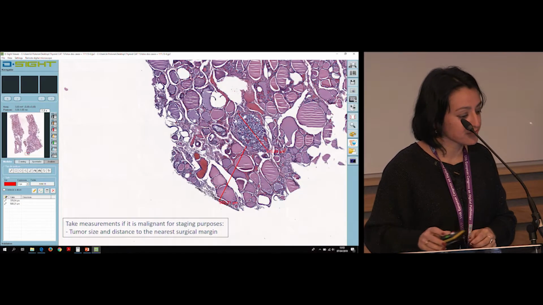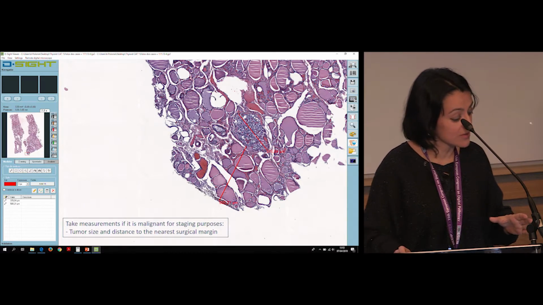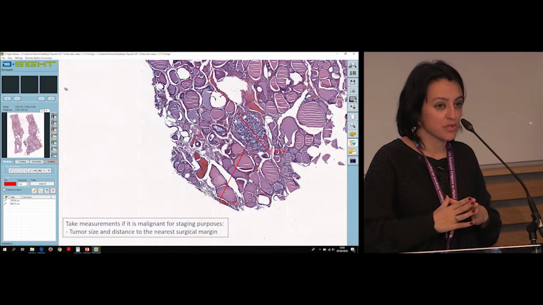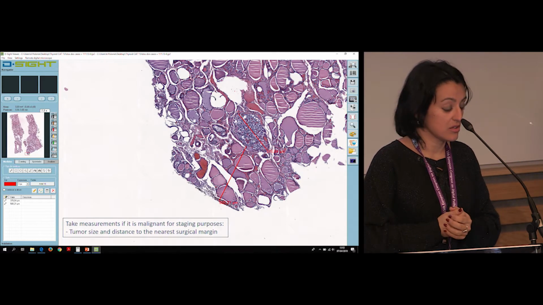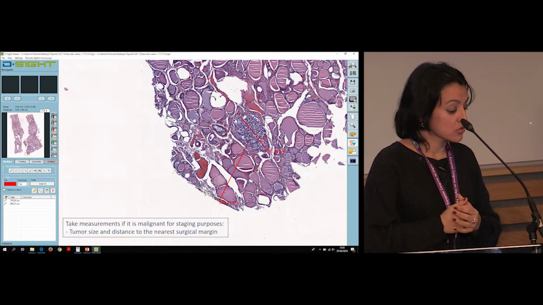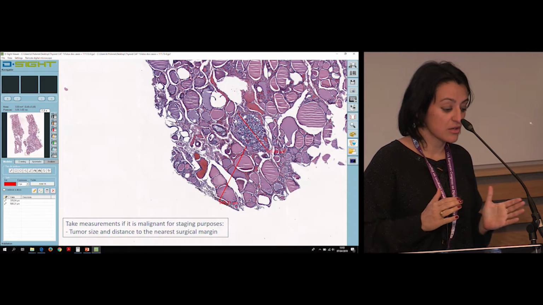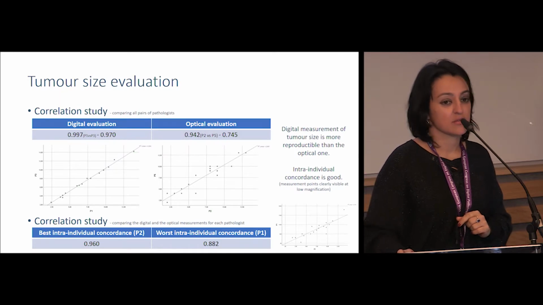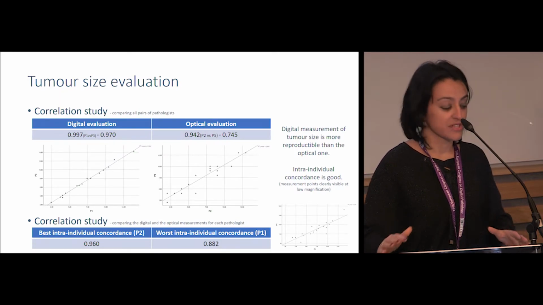So let's move on. Then we also asked these 5 pathologists to do measurements, just for staging purposes, which is something that we do every day. So, to measure tumor size and the distance of the tumor to the nearest surgical margin. And the results were pretty clear.